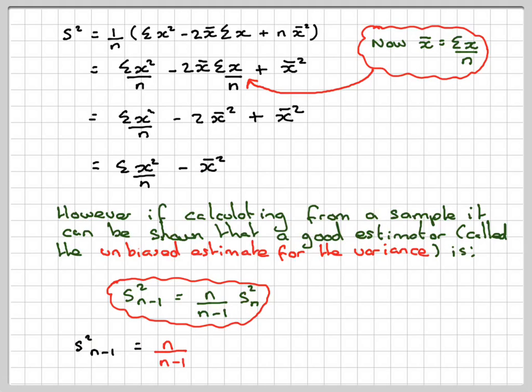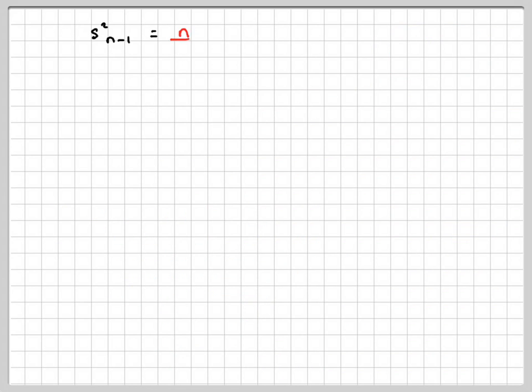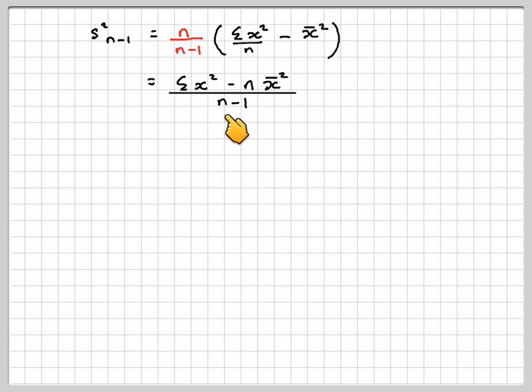So carrying on, the unbiased estimate will be n over n minus 1 times this, sigma x squared over n minus x bar squared. Just writing that out again. If we take that n in, it's going to cancel with that, and we get sigma x squared minus n x bar squared divided by n minus 1.